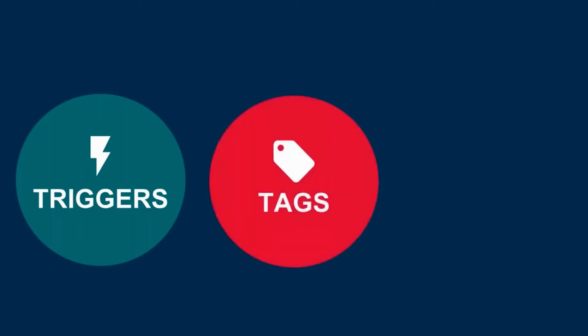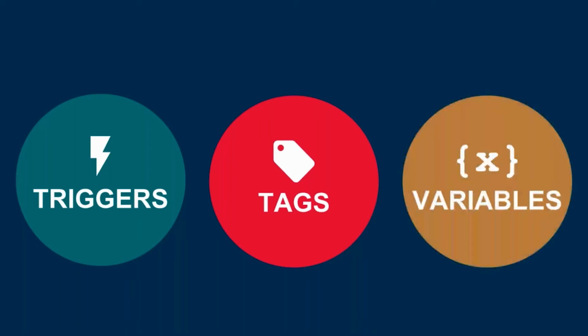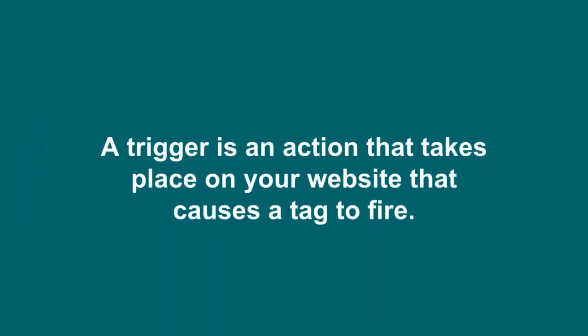And then the second one is going to be the tag, which is a piece of code that records data about that trigger's action. The third major section of Tag Manager is variables, and those brackets are starting to look familiar, so that's where those come from. The variables aren't required, but they can be really useful for getting additional information about your tags.